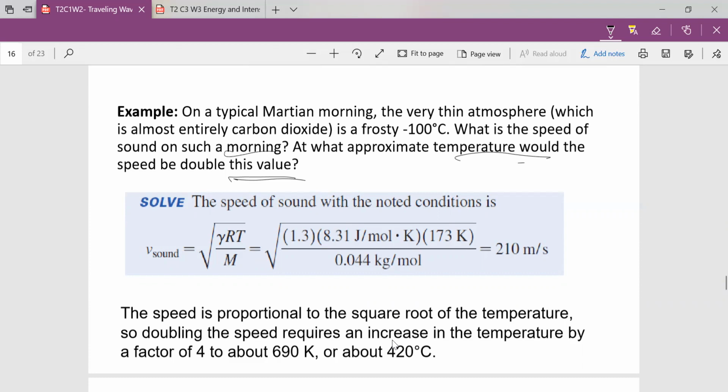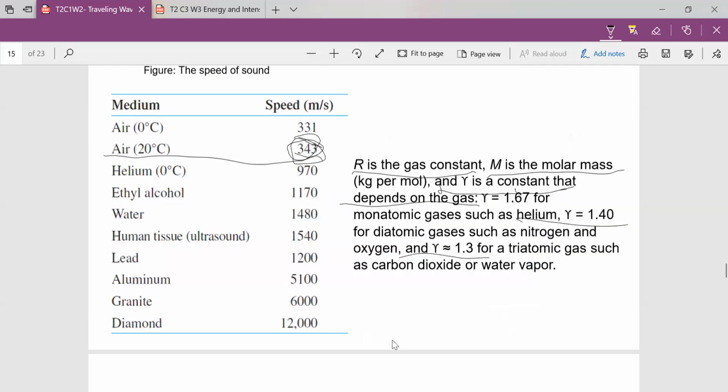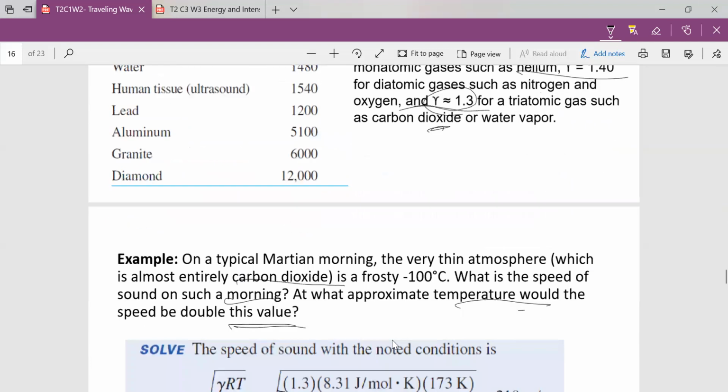All right, so the first question is to find the speed of sound. So we use the equation given to find the speed of sound, and the gamma value for carbon dioxide, which is 1.3, as seen in this particular constant here.